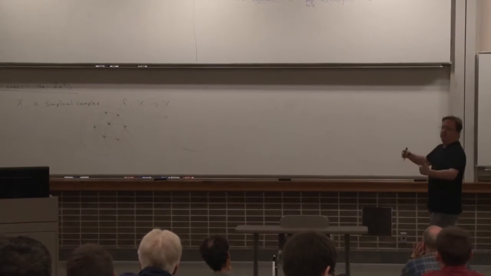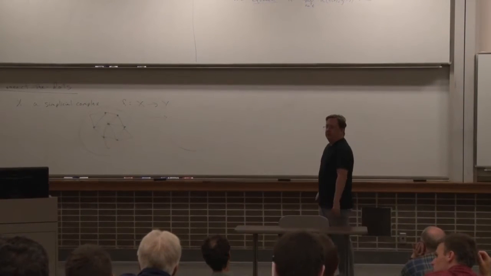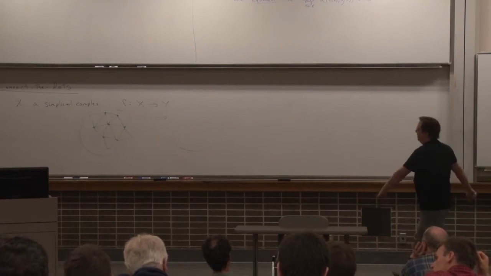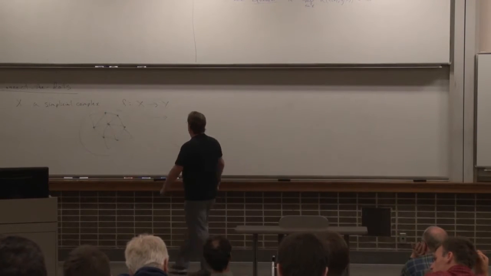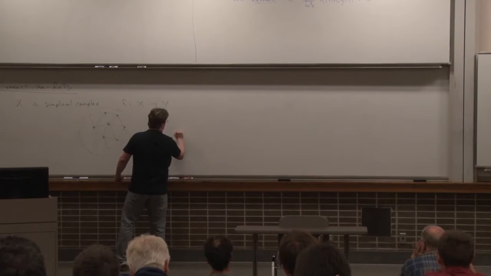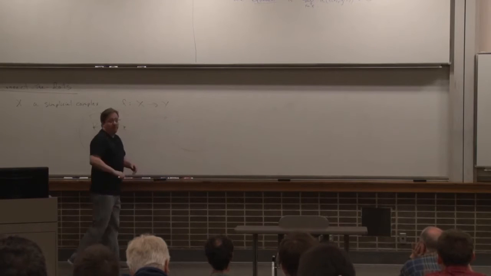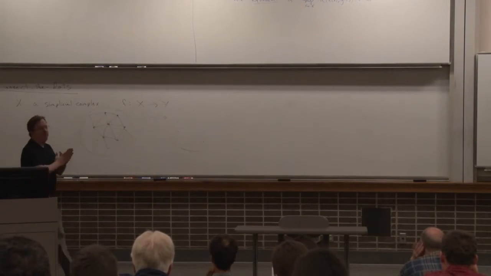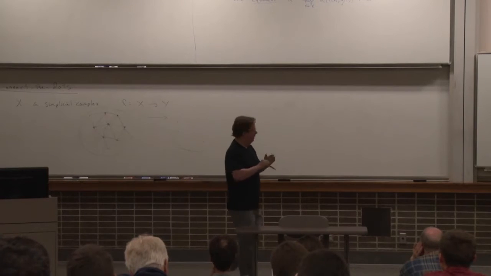And in fact, this is just going backwards from how we built the graph to approximate X yesterday. So these vertices go wherever they go, and that's a perfectly good continuous map on the vertex set, since it's discrete.